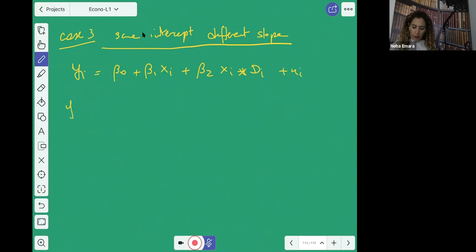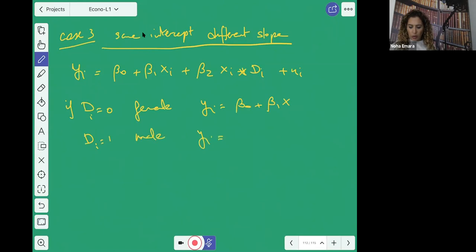Now, if d is equal to 0, this is the female regression, right? So yi is equal to beta 0 plus beta 1 xi. If di is equal to 1, this is the male regression, then yi is equal to beta 0 plus beta 1 plus beta 2, xi.